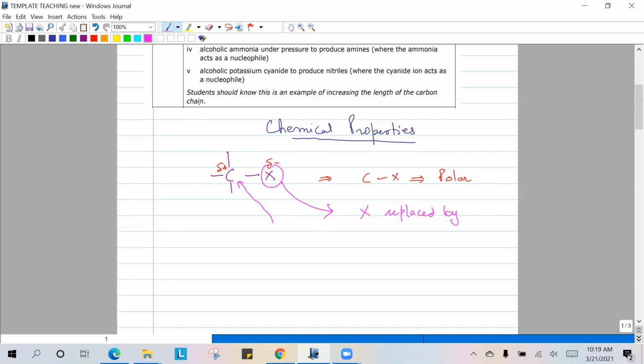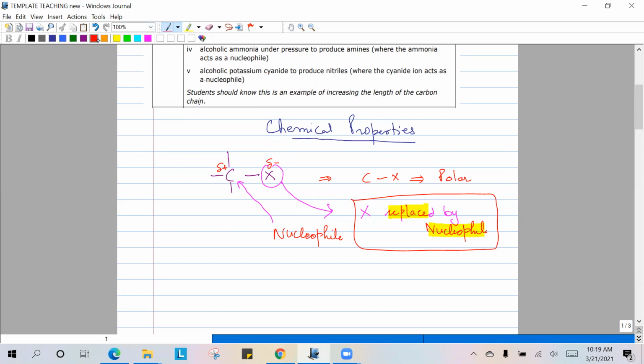Something that attacks the low electron density center is called a nucleophile. So the X will be replaced by a nucleophile. Now here two words are important. The first word is replaced and the second word is nucleophile.